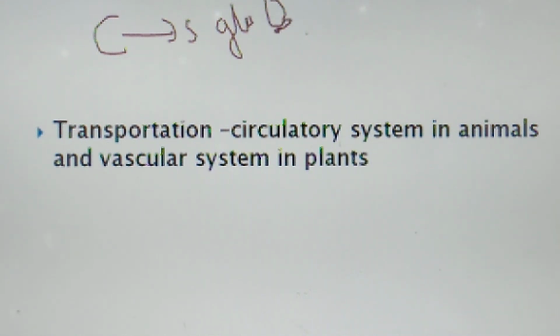Oxygen. So oxygen also has to be transported to different parts of the body. Through transportation, useful materials and also harmful materials are transported. In animals the circulatory system is present, but in plants the vascular system is present.